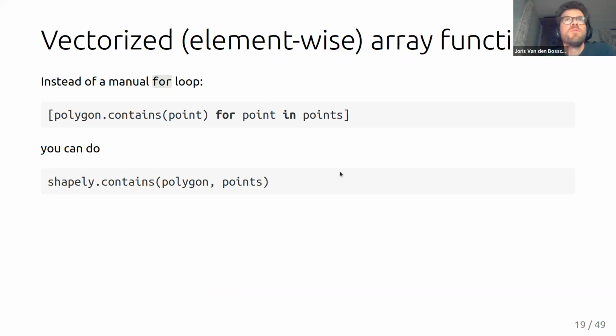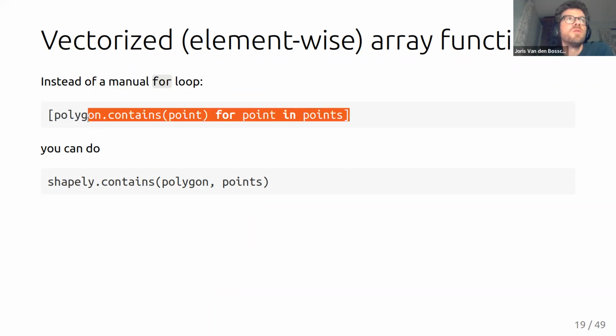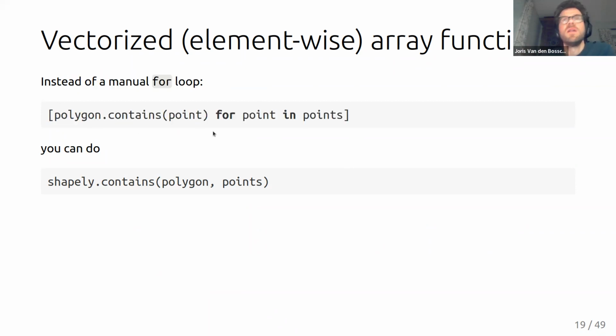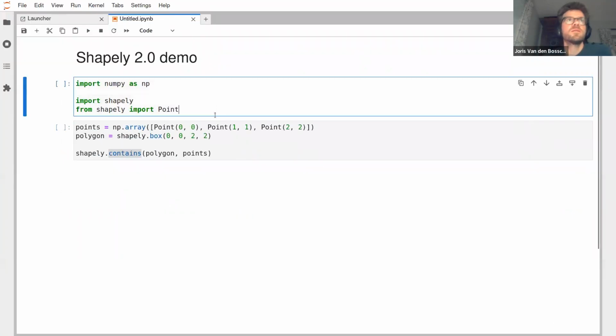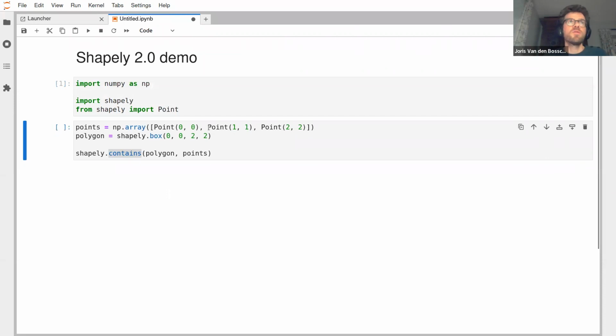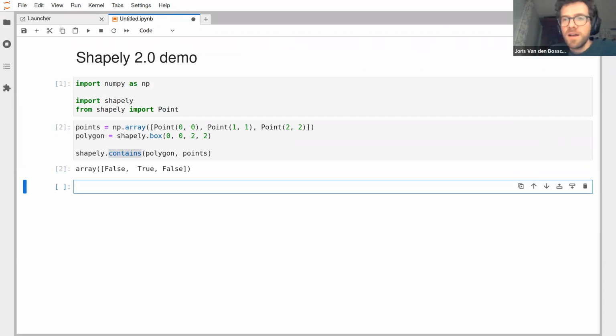So while before you might have needed to do something like a list comprehension, a loop through all of your geometries, we now have top-level functions like contains, where you can pass scalar or arrays of geometries, and that will do this operation element-wise, vectorized.